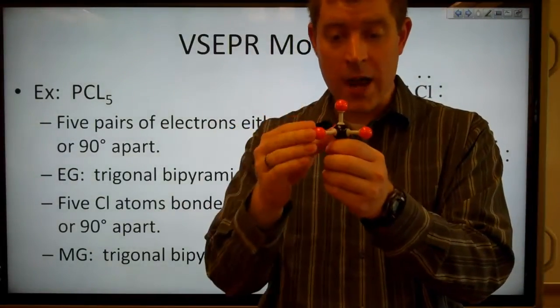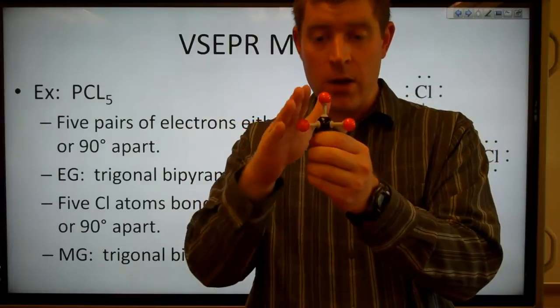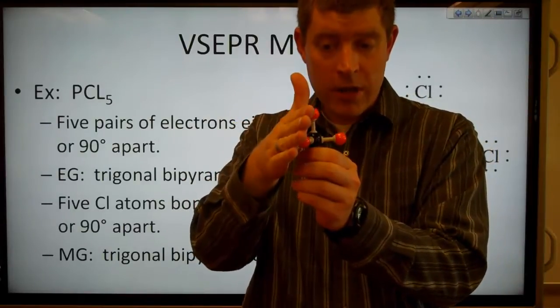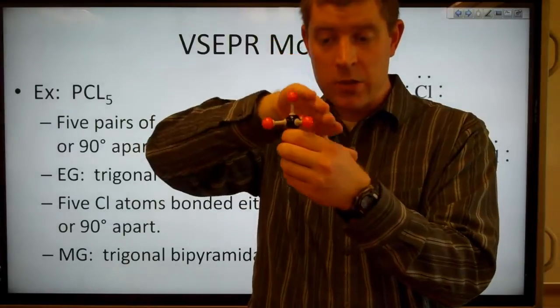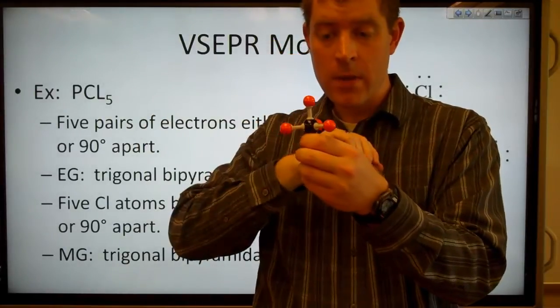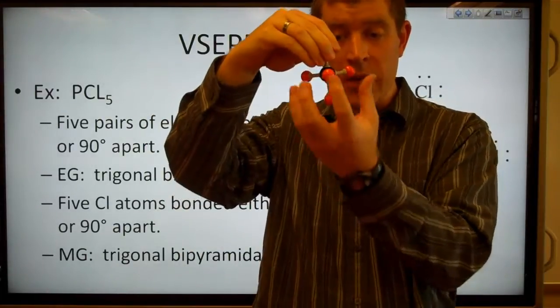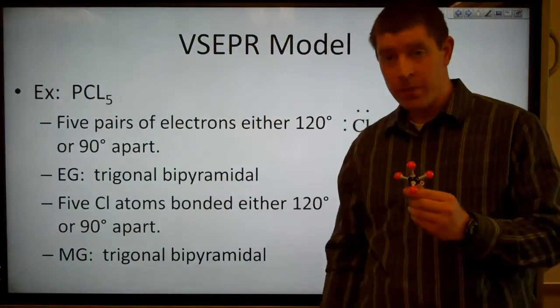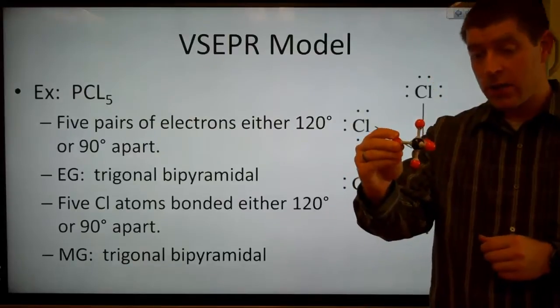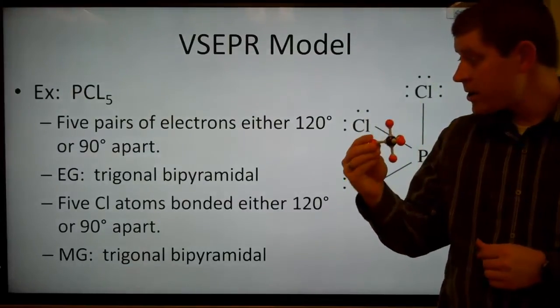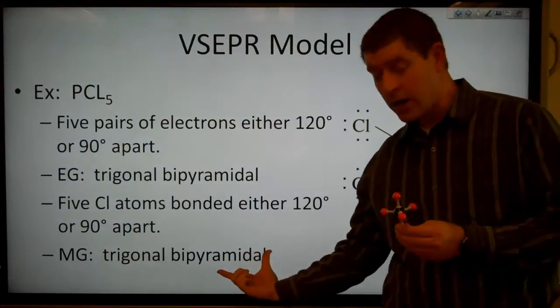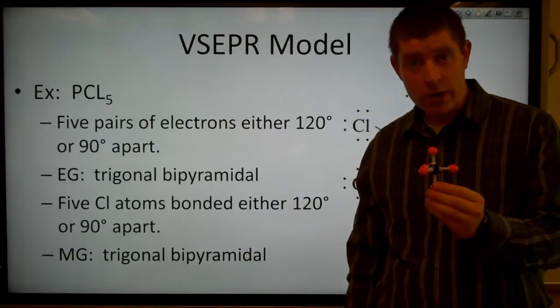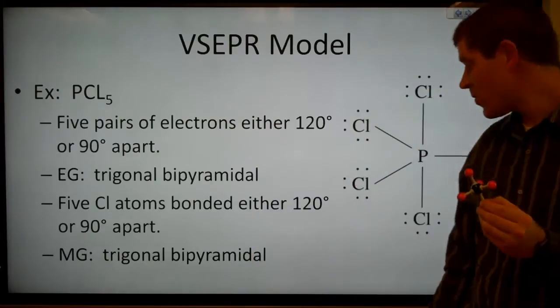So if we look at just the top half, we've got a pyramid here with this being one face, this being one face, and this being one face. And that's one pyramid, but then we also have another pyramid on the bottom. So this is trigonal bipyramidal. Now, in this case, our electronic geometry and our molecular geometry are the same, just like all the other ones that we've looked at so far. That's going to change soon.